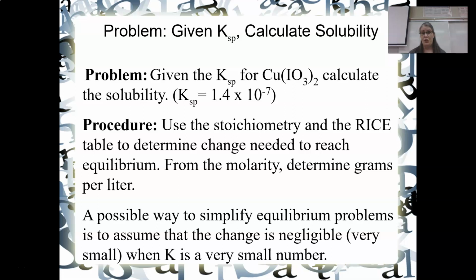We could figure out the change needed to reach equilibrium. And one thing we can think about sometimes is that we can sometimes simplify equilibrium problems when K is very, very small, like 10 to the minus 3 or less, by assuming that the change could be negligible when compared to a bigger number.